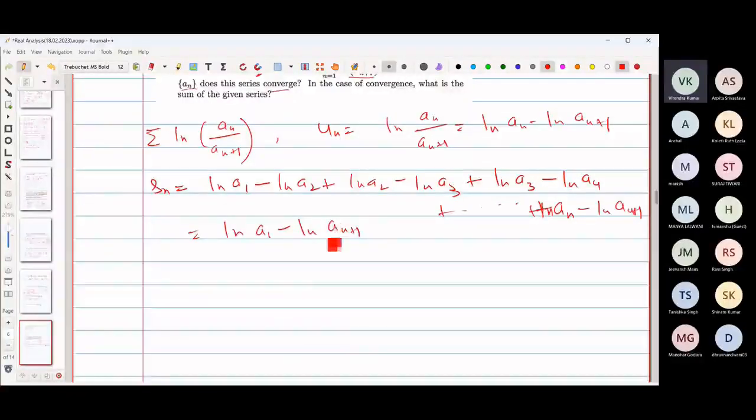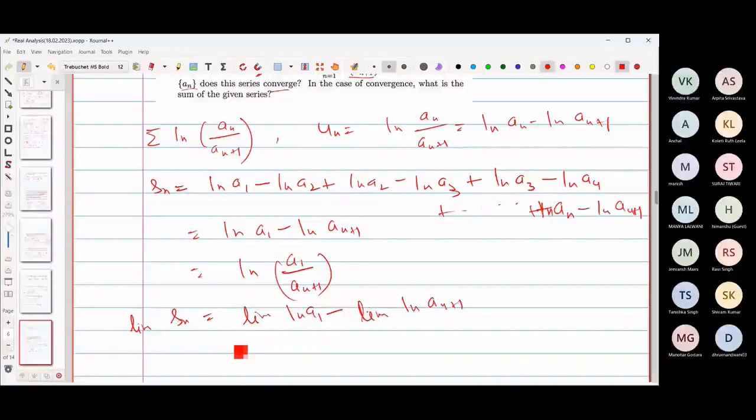We can also write this as log a1 divided by log an plus 1. So this is going to be Sn, the partial sum. Now we need to find the limit of this Sn. The limit of log a1 minus the limit of log an plus 1.